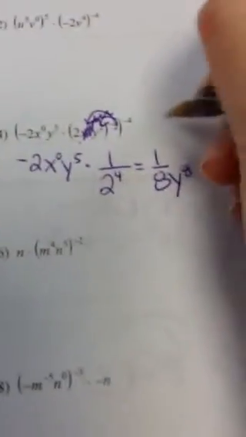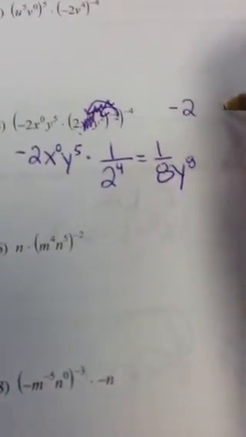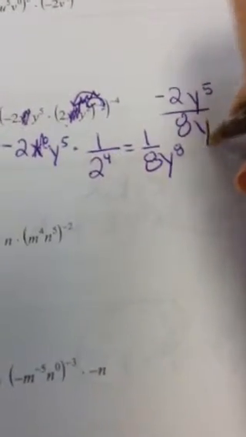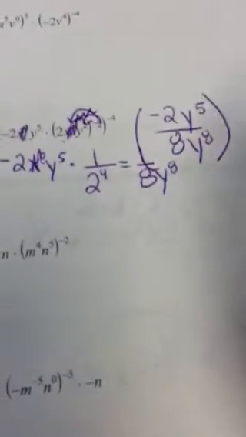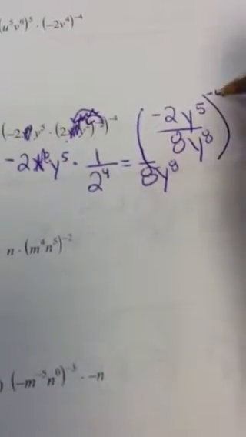So this is my numerator, this is my denominator. So I'm going to write negative 2, also x to the 0, we know that goes away, y to the 5th over 8y to the 8th, and this is all to the negative 4th power.